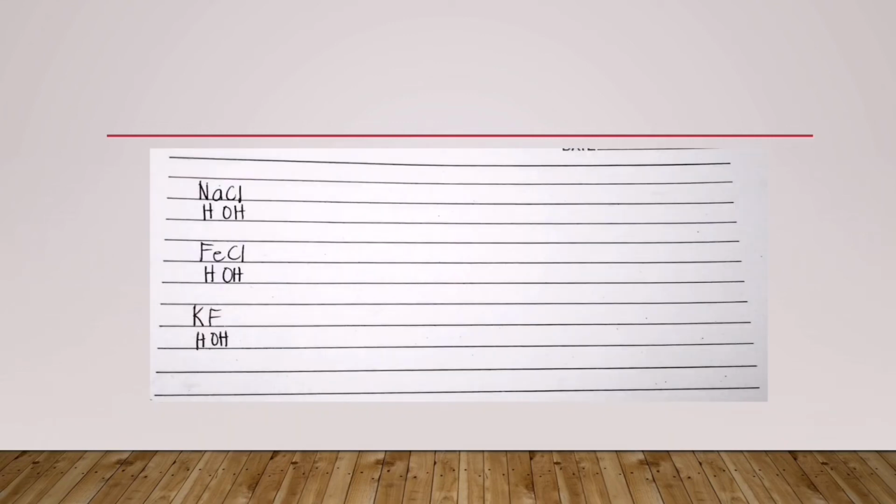So I'm going to show you the shortcut method. We have salts here, the ones that I used as examples earlier. So this is how it will work, guys. Let's just use color coding to quickly identify.